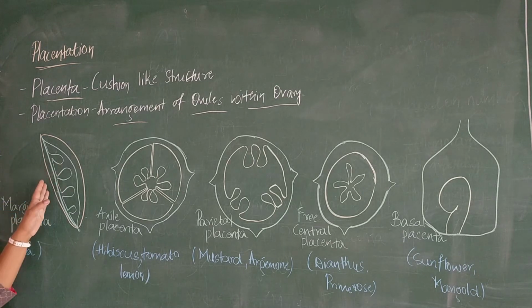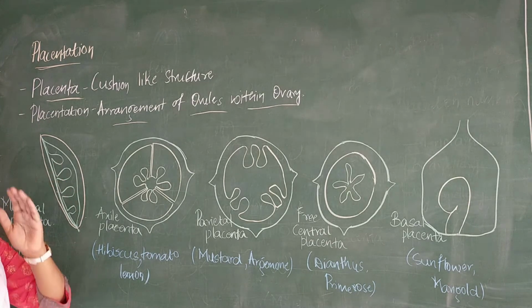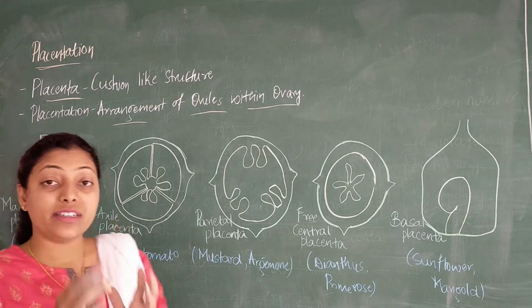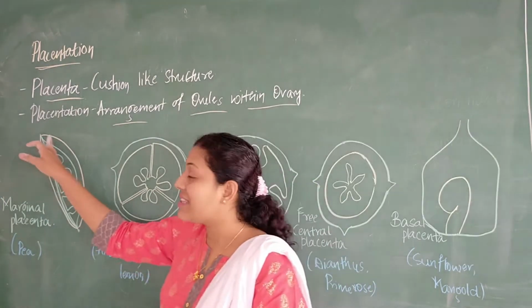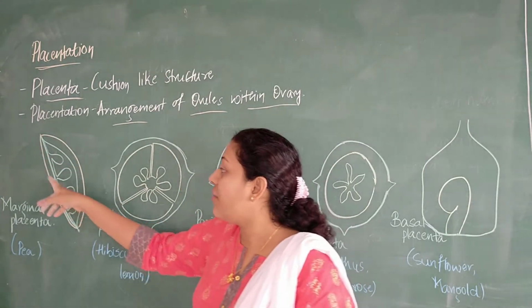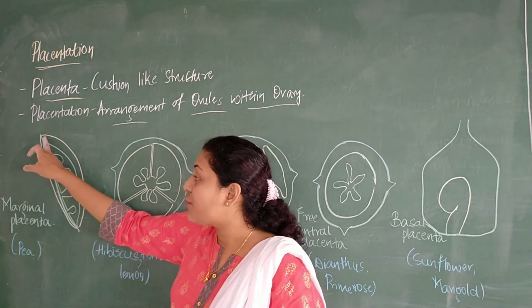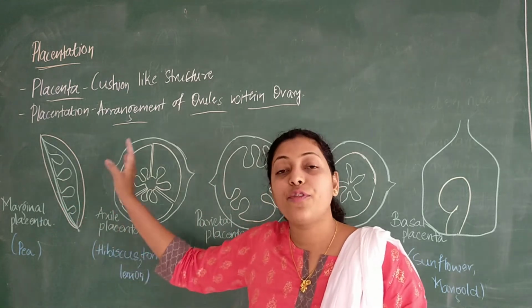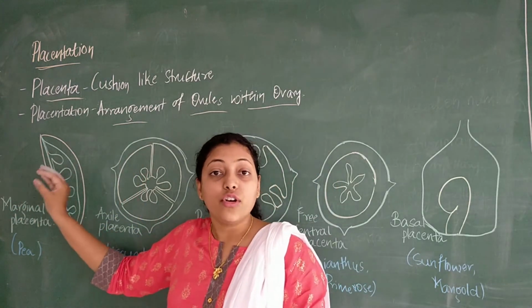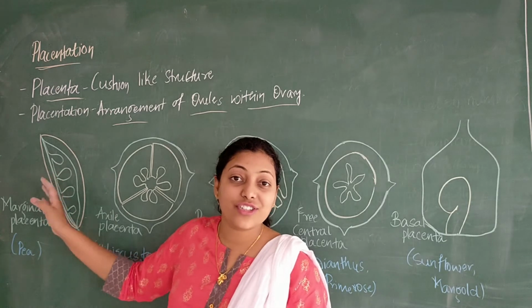Inside the ovary we see ovules; there is the placenta structure, and the ovules are attached to the placenta. So this is all the ovary. Marginal placenta is the one wherein the placenta is formed at the ridge or margin, and ovules are attached at the ridge of this placenta.